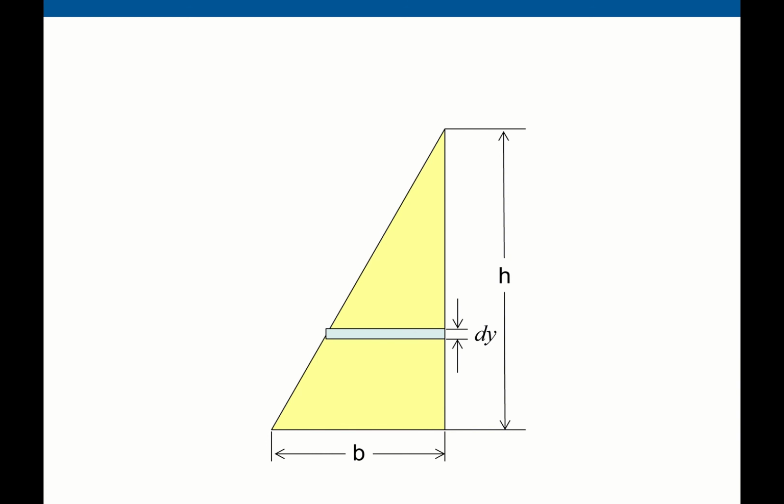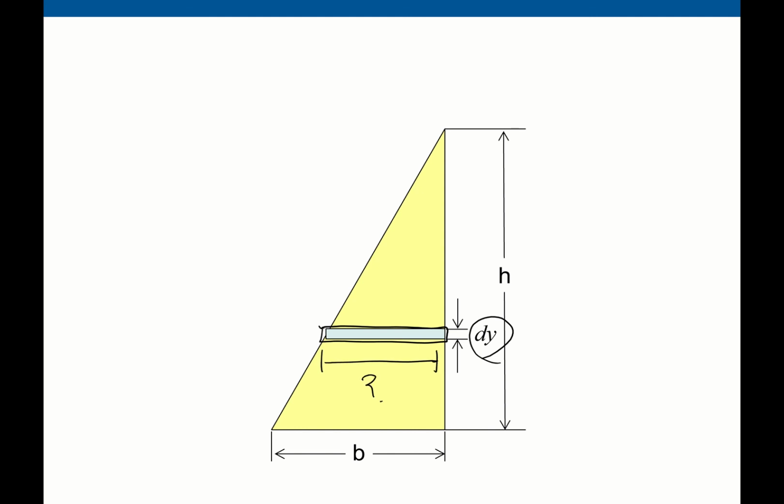How about the y bar? We can say, okay, this is the differential area we are going to use. In this case, the height is dy, and what is the width?